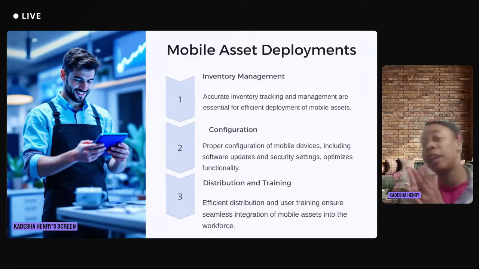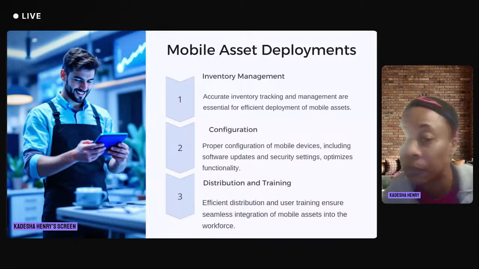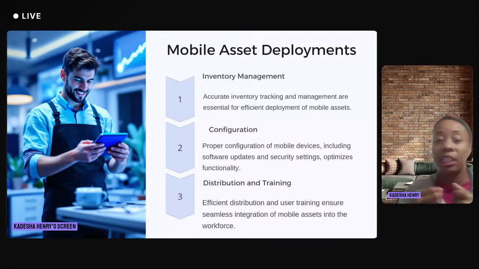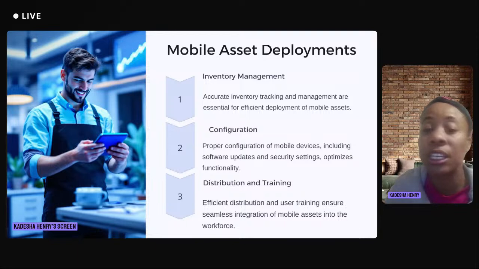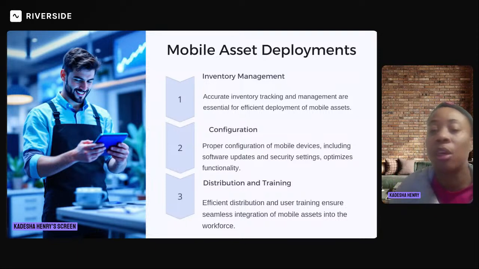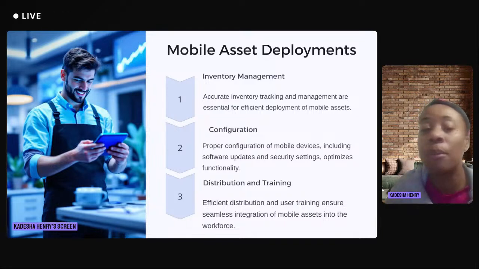We have to have an inventory management system. And the inventory management system is the accurate inventory tracking and management of these devices, right? They're essential for the deployment of the mobile asset.